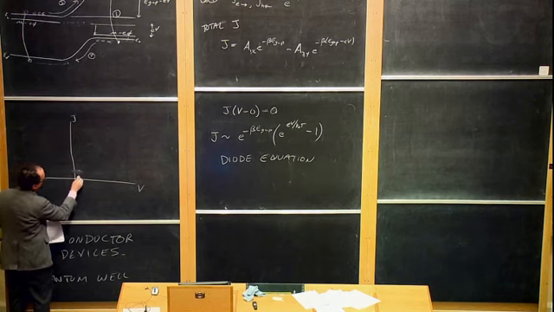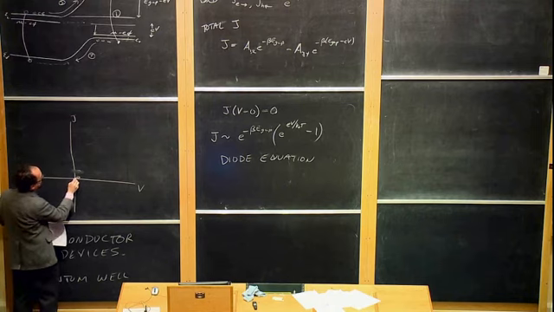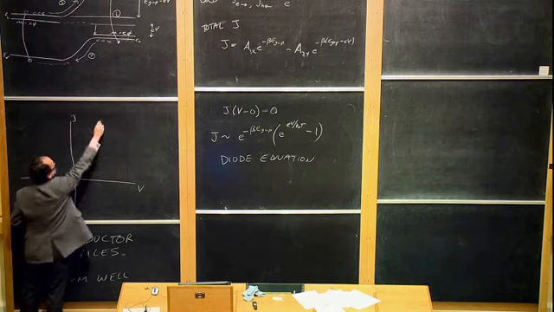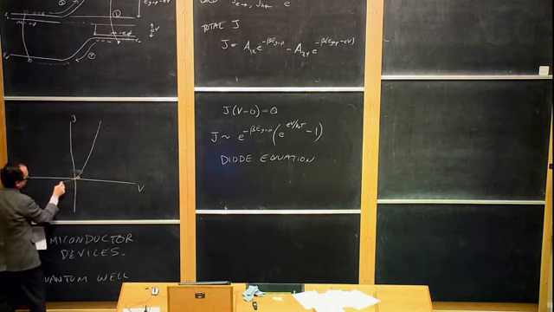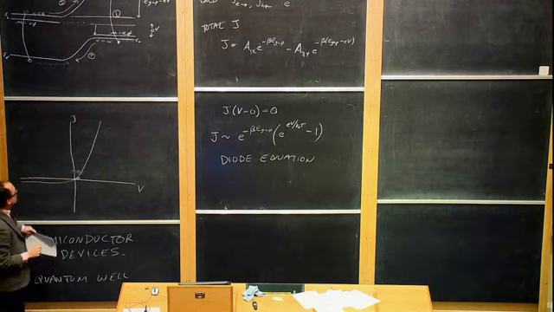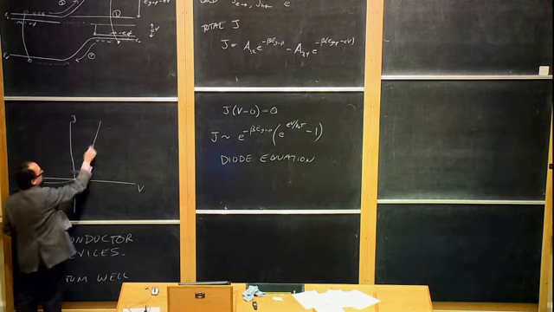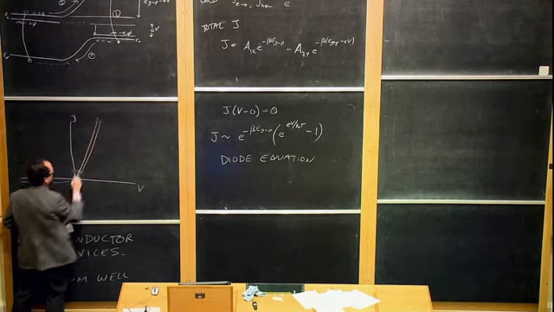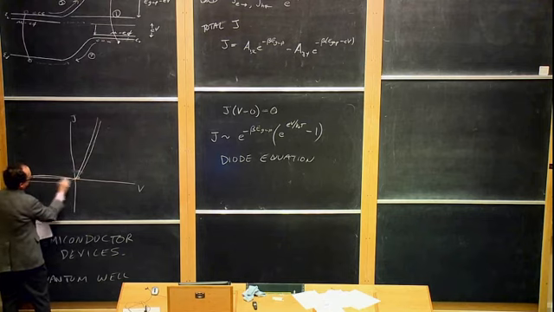So maybe I should have drawn it like this. Zero is here, and negative is here. So with positive voltage, it goes up exponentially, whereas with negative voltage, it goes to a constant, which is an extremely small constant.